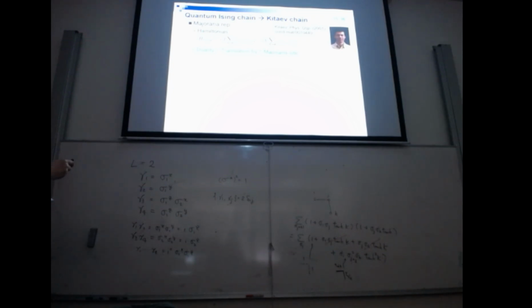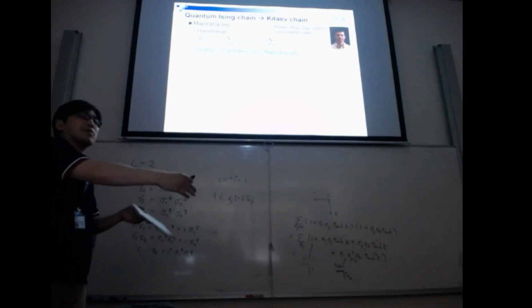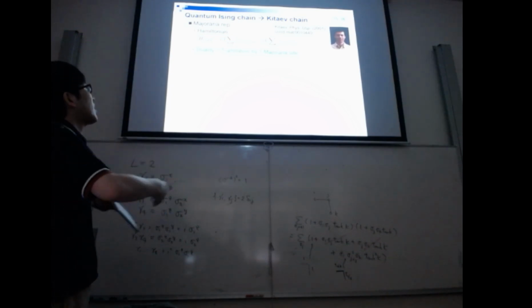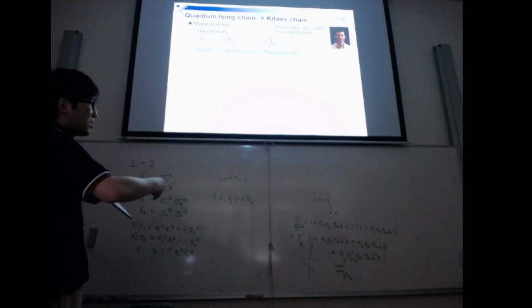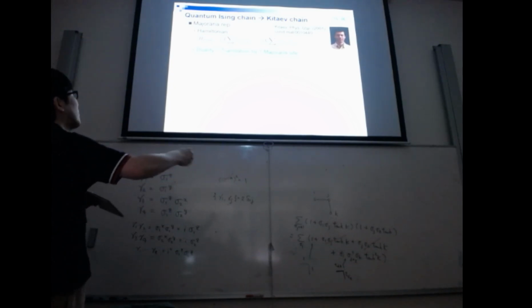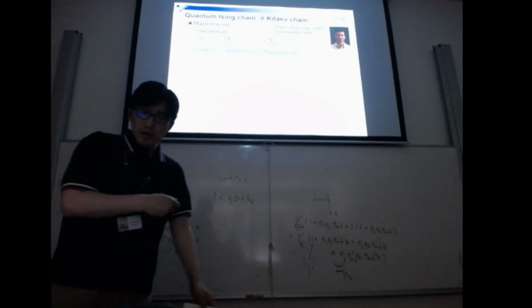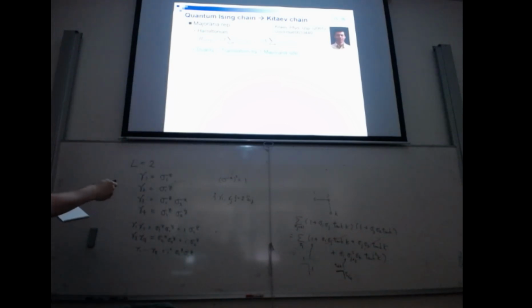So in this system, you have a translational symmetry by two sites. I mean, if you shift the system by two sites, then you recover the same Hamiltonian. But if you just translate this Hamiltonian by one Majorana site, then the roles of J and h are swapped, right?